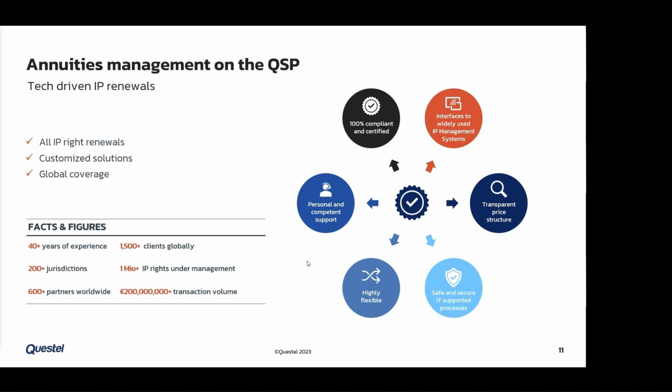Pricing, we have a great and transparent pricing structure with visibility on all of your costs, whether it's the official fees, the agent fees, or our service fee. A very big IT team and processes to support us in managing some 1 million IP rights today, and importantly, people behind the screen to help you not only at the onboarding stage, but with day-to-day operations.